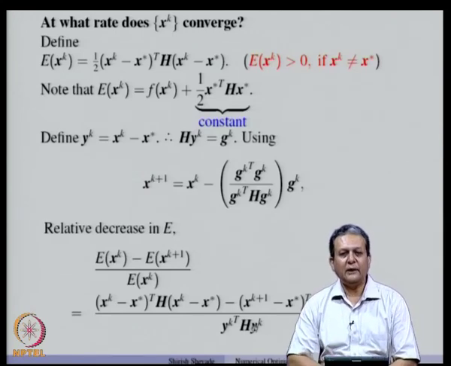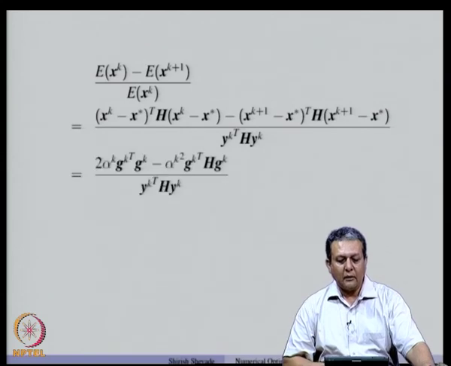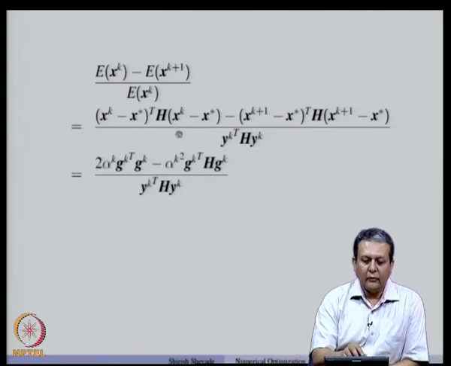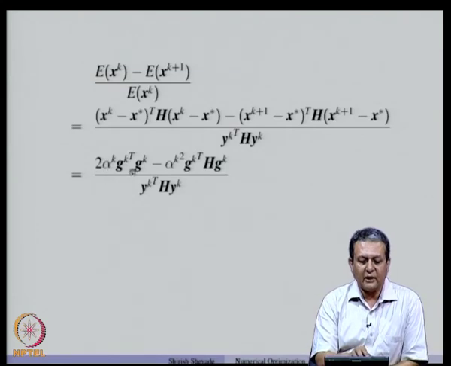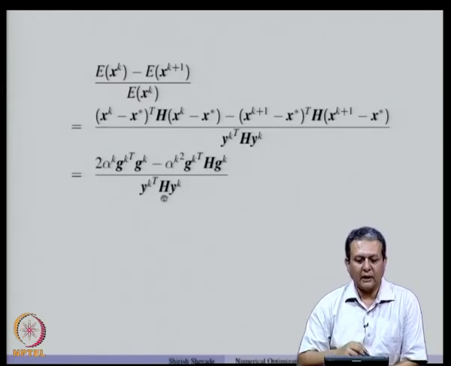Now, let us simplify this expression further. If we simplify this, what we get is 2 alpha_k g_k transpose g_k minus alpha_k square g_k transpose H g_k, divided by y_k transpose H y_k.